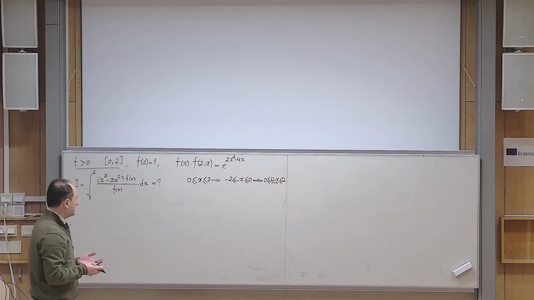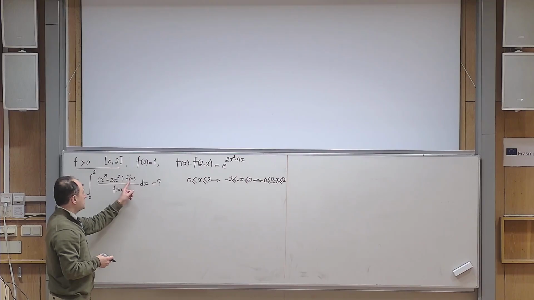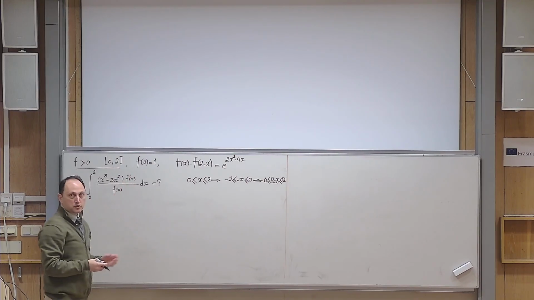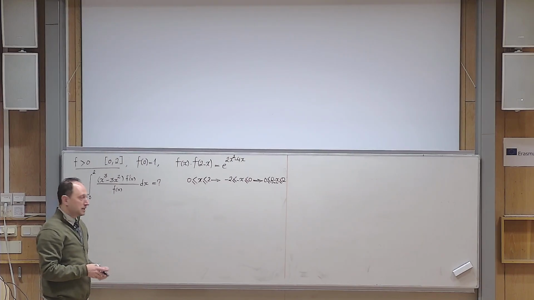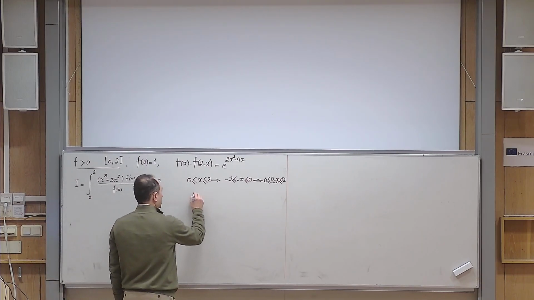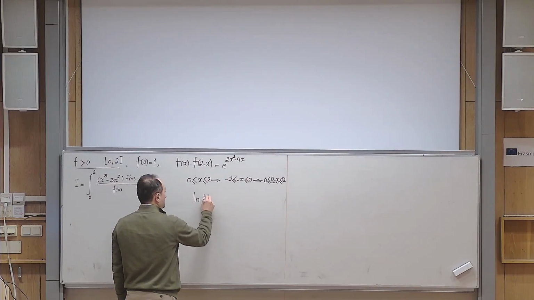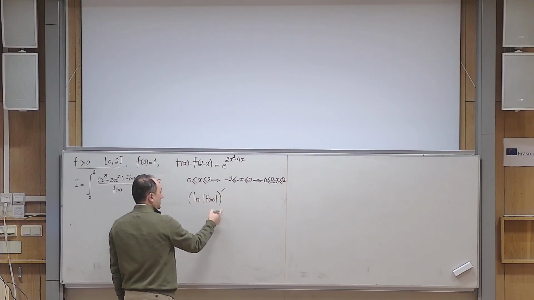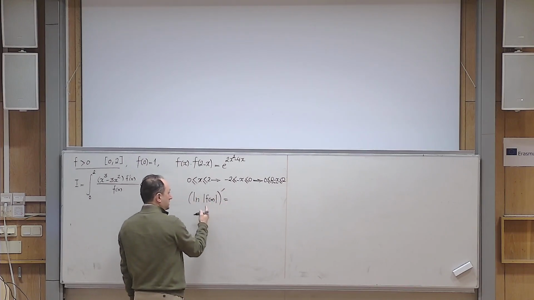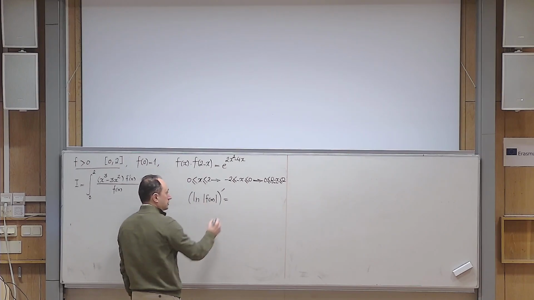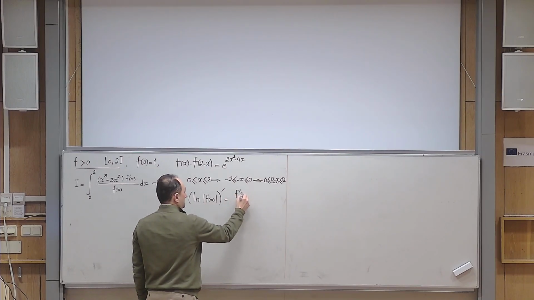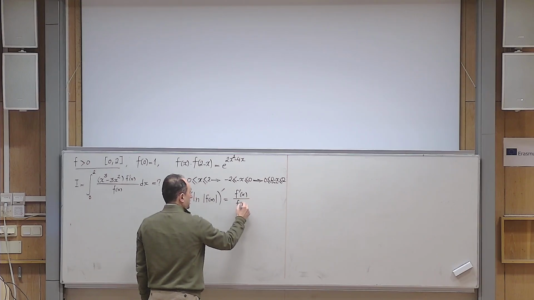The way that I did it is I realized this combination f prime of x over f of x is a very famous combination in calculus, yes? So I know immediately that the derivative of ln of absolute value of f of x, whatever f is, as soon as f of x is not 0, becomes f prime of x over f of x.